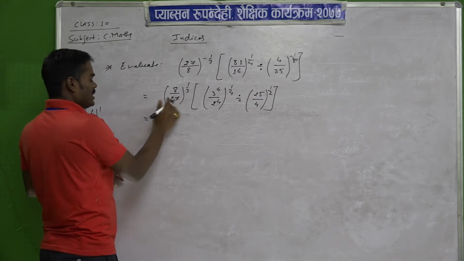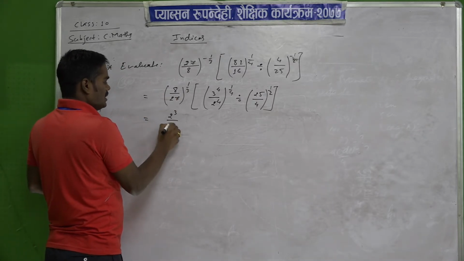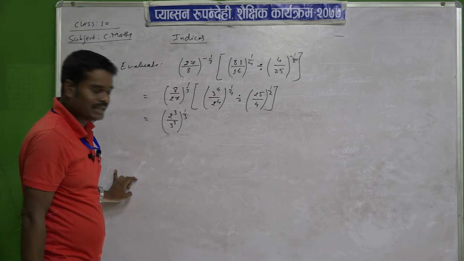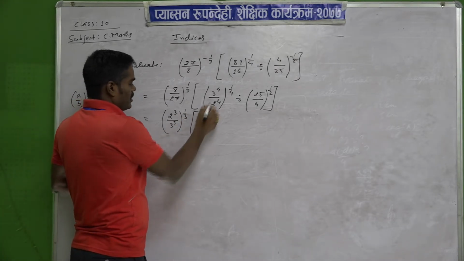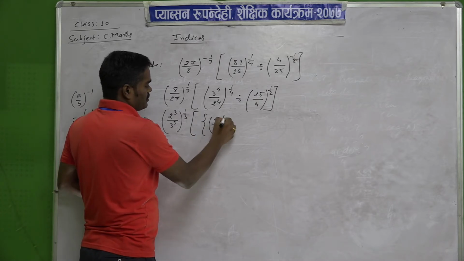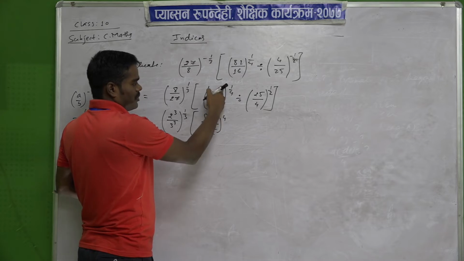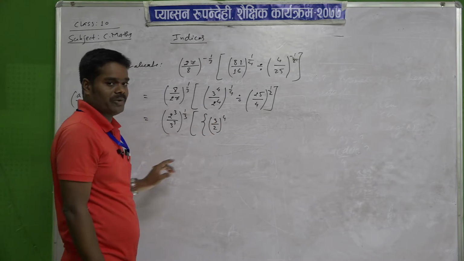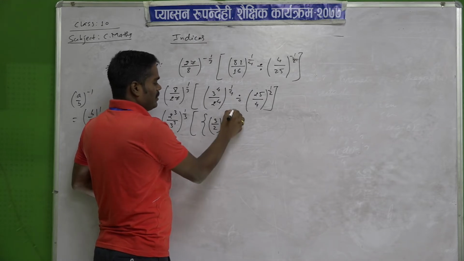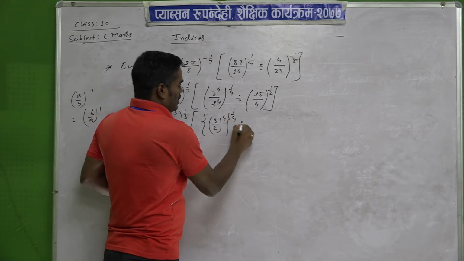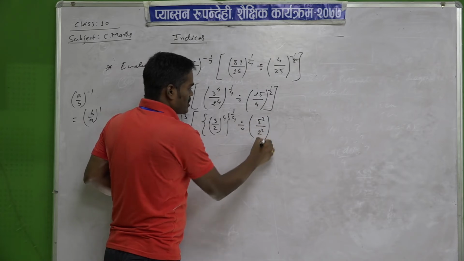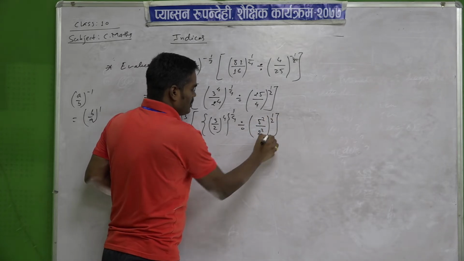And then after, here also you can write 2 power 3, 3 power 3 whole power 1 by 3. So, here we can take common 3 by 2 whole power 4, because 3 power 4 is here and 2 power 4 is also here. So, we can take common whole power 4 and then after here 1 by 4. Here we can write 5 square by 2 square whole power 1 by 2.